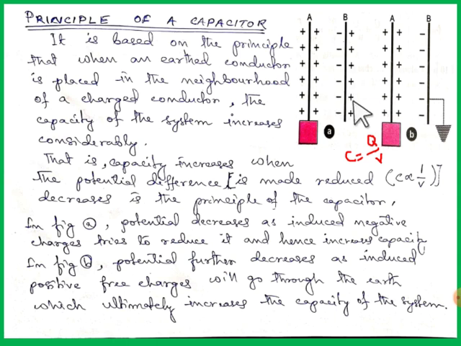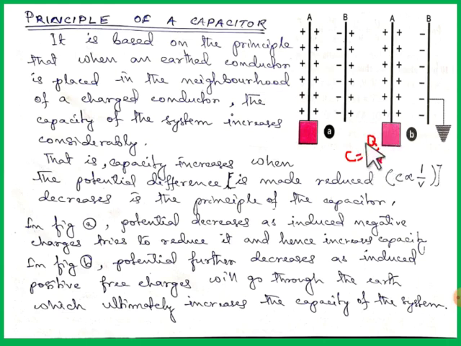But due to this positive charge, the charge sent from this side of the plate to this side will be repelled. But if it is all negative charge, then it will be attracted, and more and more positive charge will be sent, and so the potential decreases, so capacitance increases.